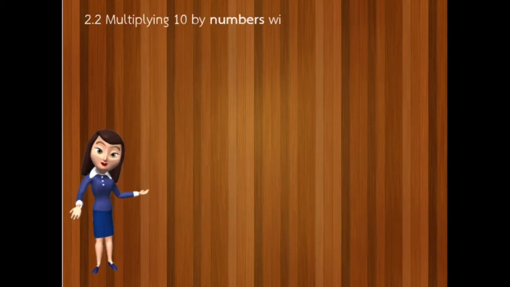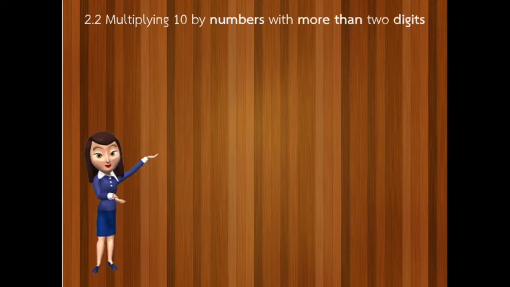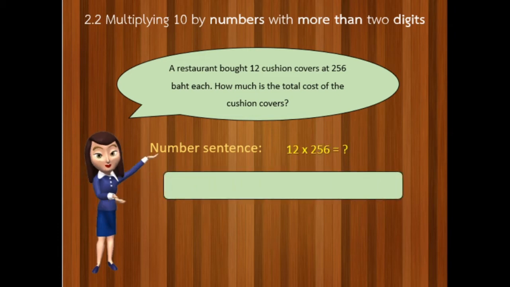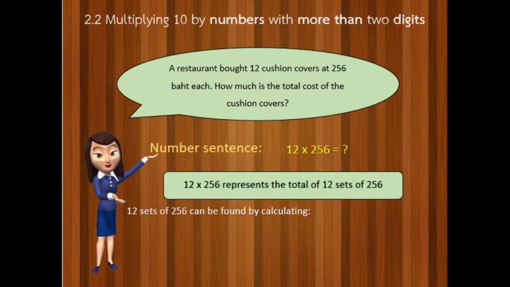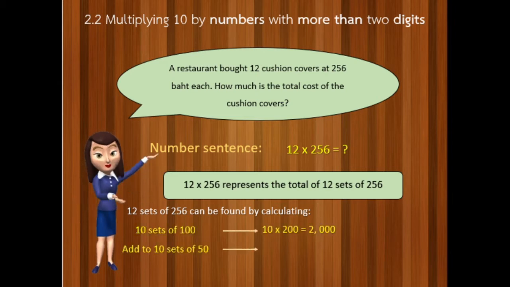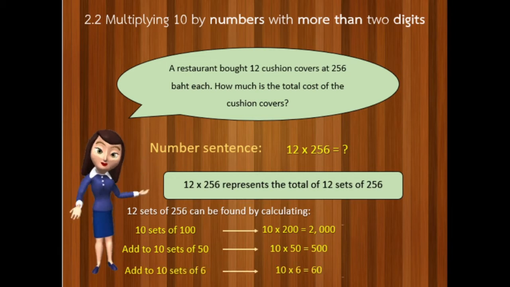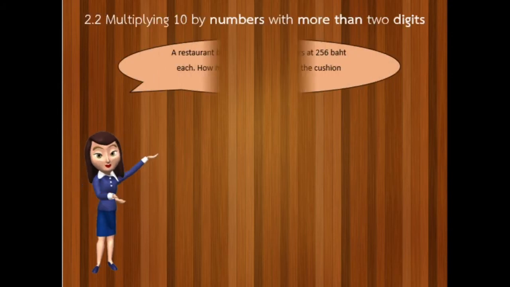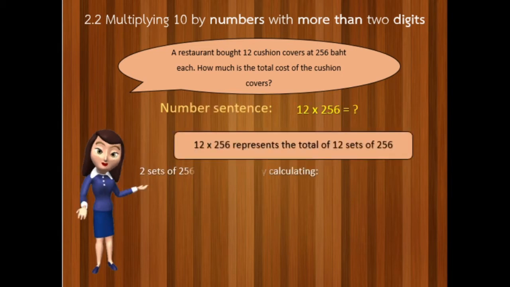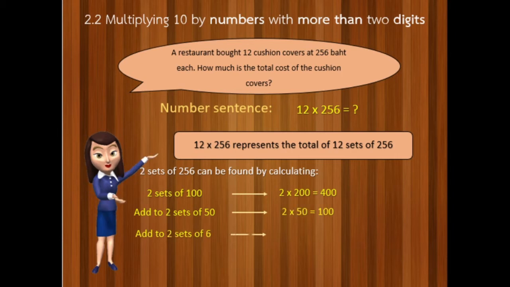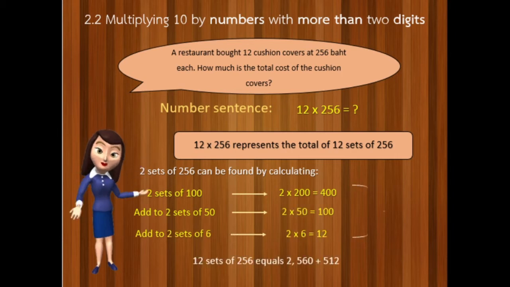We also had multiplying multiple digits of numbers, and we had 12 times 256, 12 sets of 256. We get this one, and this. Add them together, we have 2,560, and here, 512. So this is how you do it when you are asked to solve a problem.